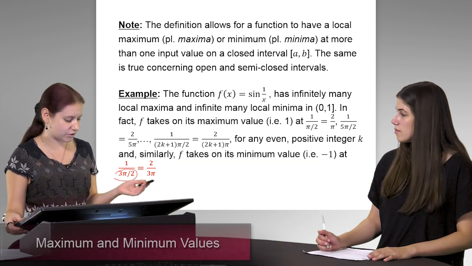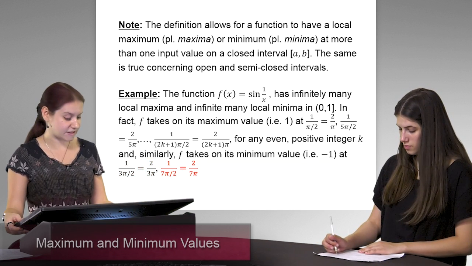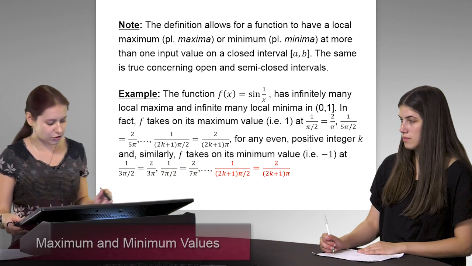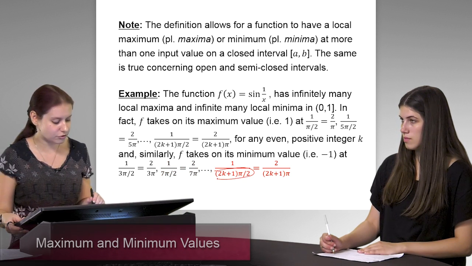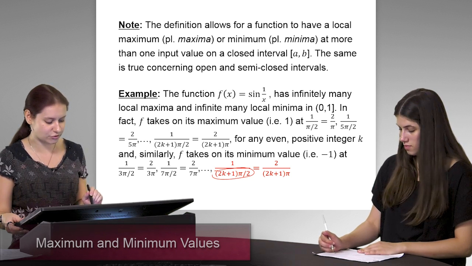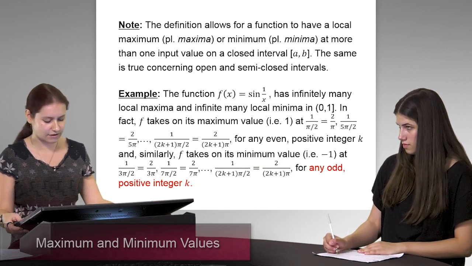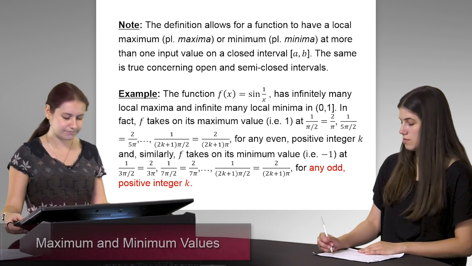So 1 over 3 pi over 2, which is 2 over 3 pi, 1 over 7 pi over 2, which is 2 over 7 pi, and so on. We can say that we just have 1 over (2k plus 1) times pi over 2, or it is 2 over (2k plus 1) pi, but here k is an odd positive integer.